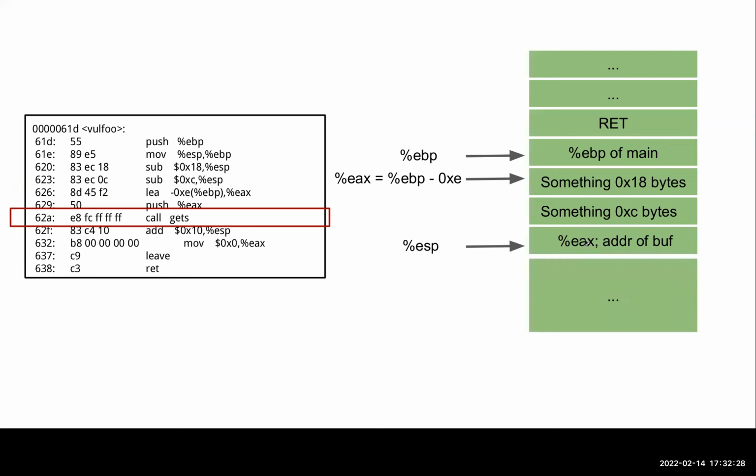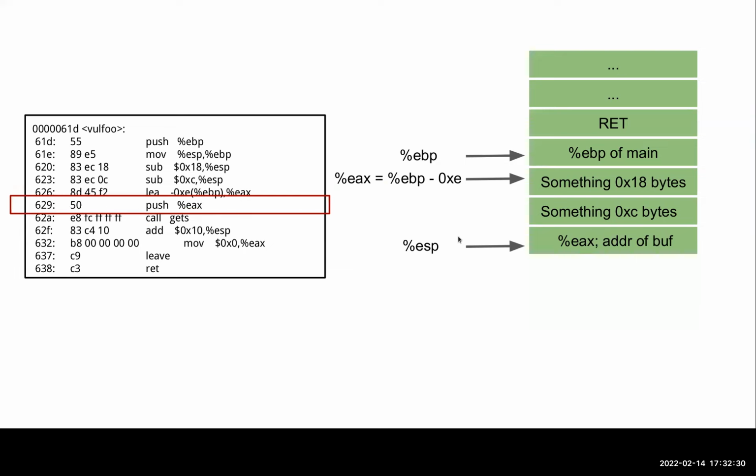Then we call gets. The reason we are doing this push is because we are setting arguments for the function gets. The function gets takes one argument, which is an address where you want to write the data to. It doesn't care where the data is taken from, because the data is always input from the stdin, standard input. But where you write to is here. That's why when you see gets, you look for its argument. The argument is on the stack, and you can say there is a push.